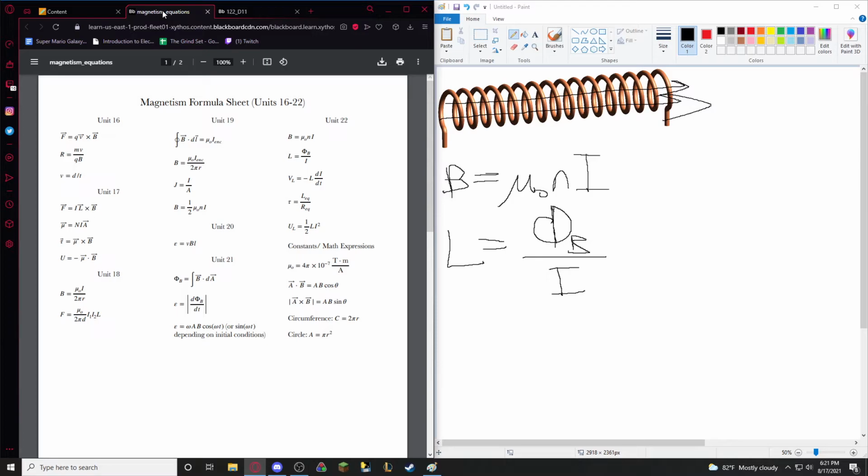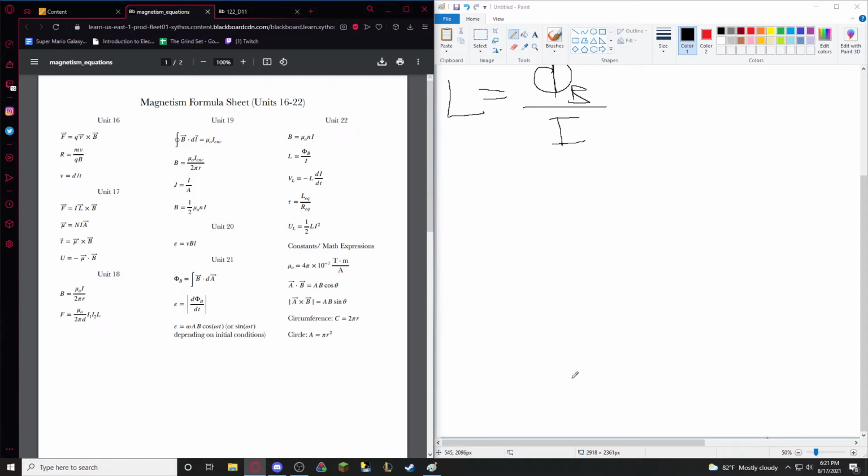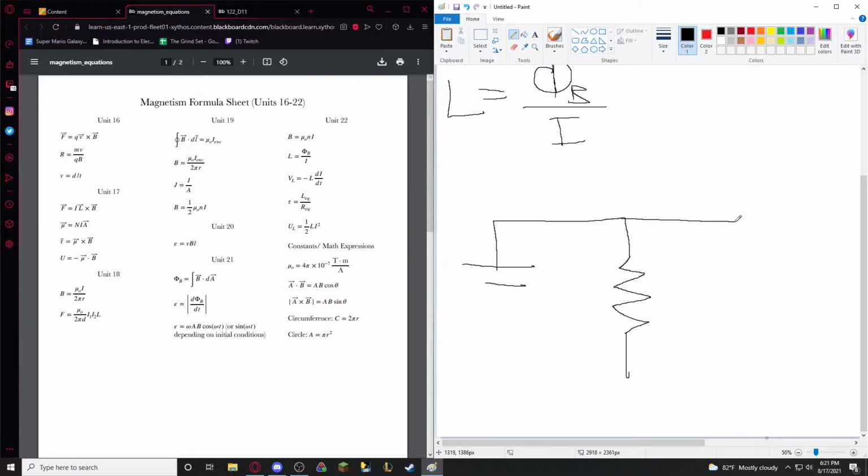So, an inductor is sort of like a capacitor. Remember capacitors and RC circuits? Let's say we have a battery, a resistor and a capacitor, and a little switch.